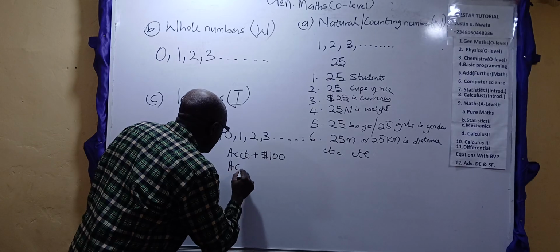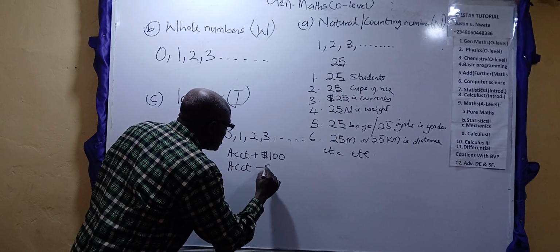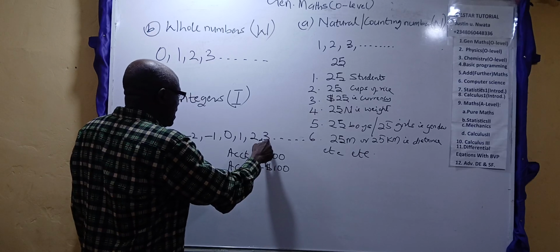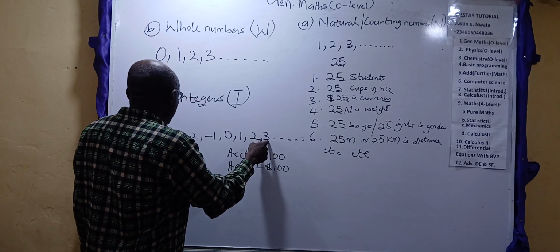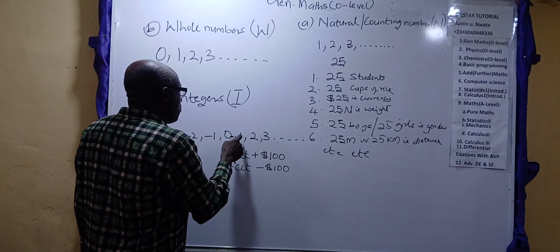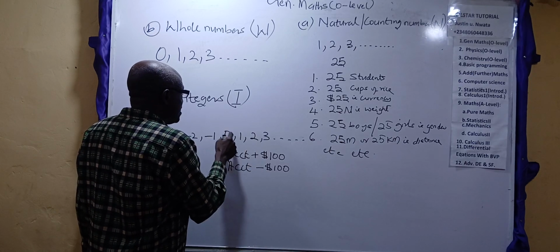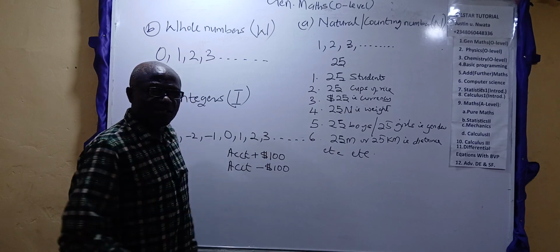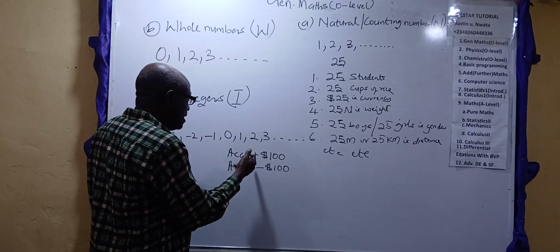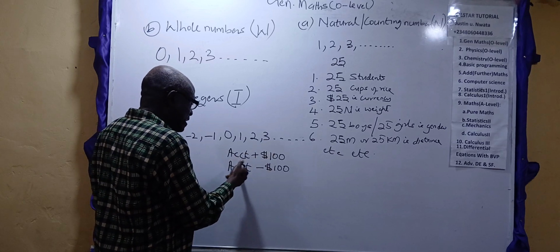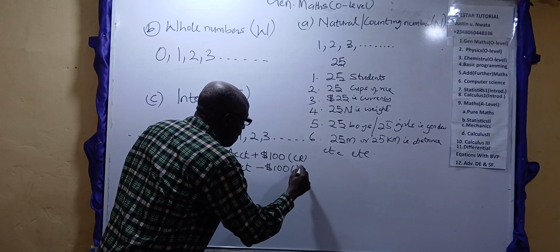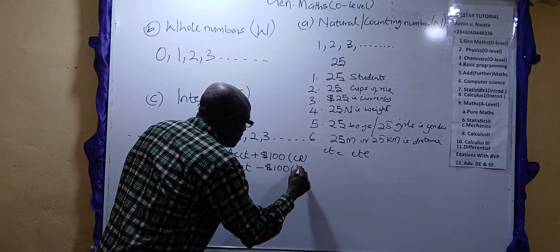Account I have in the bank, minus $100 from it. You can see it. Every number here has a corresponding opposite. This is plus 3, this is minus 3. This is plus 2, this is minus 2. This plus 1, this minus 1. 0 is at the center. It's neither here nor there. You can see a simple application of certain problems when they are coming. You can credit somebody with $100, CR. You can debit, DR.